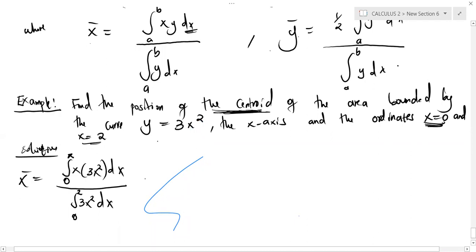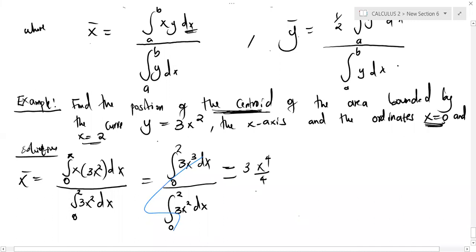So we can go ahead and evaluate this. This will be the integral from 0 to 2 of 3x squared multiplied by x, that is 3x cubed dx, all divided by the integral from 0 to 2 of 3x squared dx. Integrating the numerator and then the denominator, we get 3x raised to power 4 over 4, all divided by 3x cubed over 3, evaluated from 0 to 2 in both.